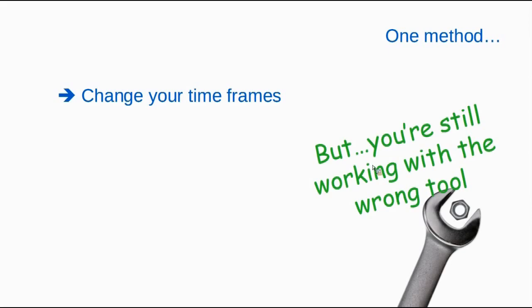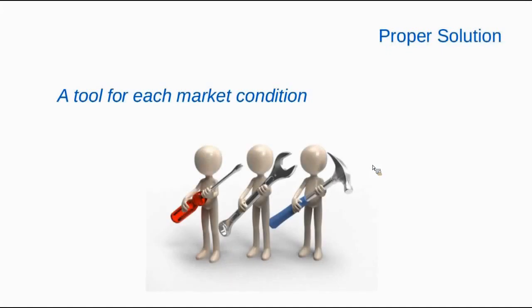So every problem you see is a nail kind of scenario. You need the right tool for the right job. The signal should be customized to reflect the market condition. So scalping markets require different signals than swing trading or trending markets.